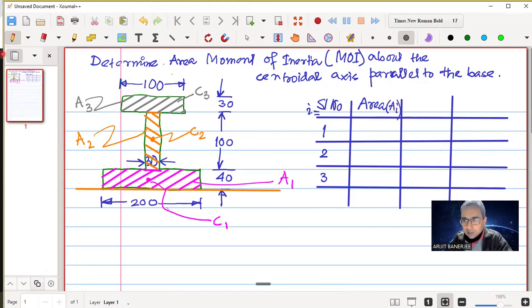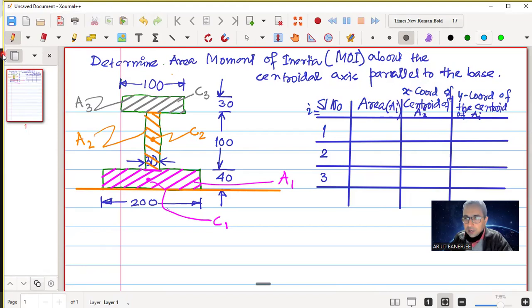Then centroid, x coordinate of the centroid of AI. Then y coordinate of the centroid of AI. Right?